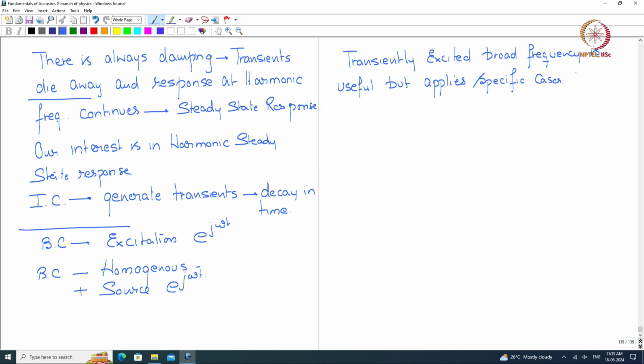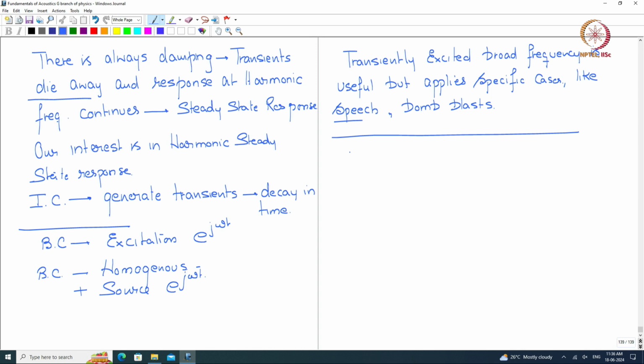Like speech, okay, speech is very transient, so if one is studying speech, then you can't ignore it. And situations like bomb blasts, anything that happens suddenly for a short while, is useful, but these are very limited in number and very specific cases.